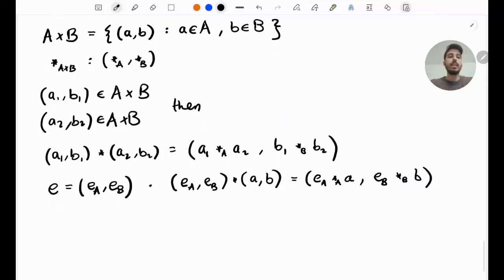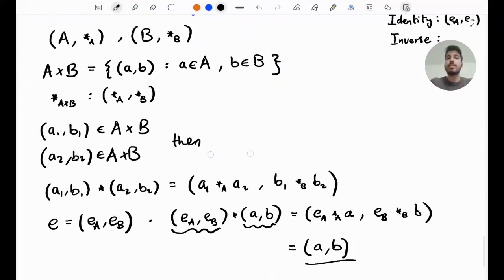So e_A star A, by definition of e_A, gives you a. e_B star B, by definition of e_B, gives you b. That means that this element absolutely has no effect on (a, b). It gives the same (a, b). So it is the identity, in fact.